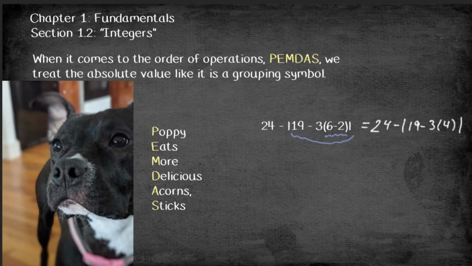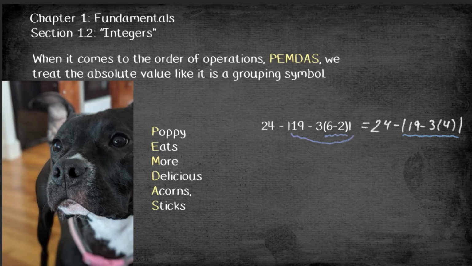And again, we're doing grouping symbols first. So now we have to simplify the expression in the grouping symbols, which is our absolute value. And in there, we again defer to the order of operations. Multiplication and division have a higher priority than addition and subtraction.